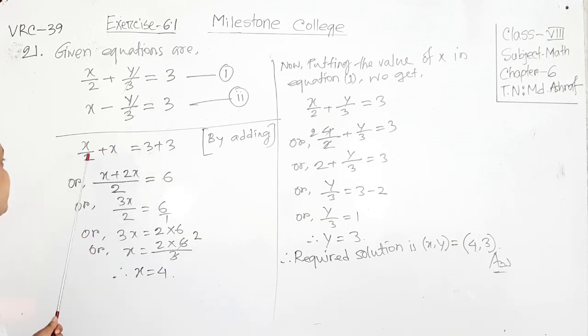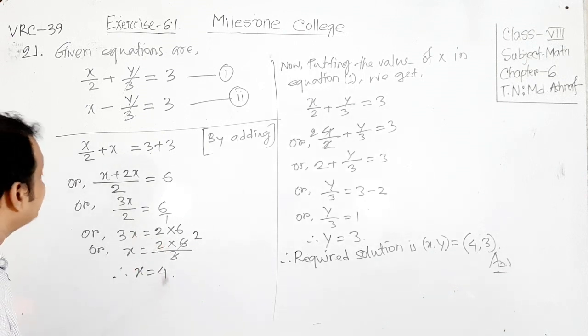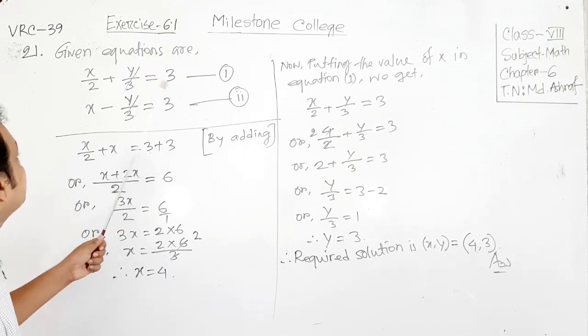Then the normal method for simplifying. Okay, so x by 2 plus x, by adding this one we have got 3x by 2 equals to 6. By cross multiplication we have got this part, and when 3 changes its side then it will be divided. Finally we have got the value of x is 4, and then we will put the value of x in any of the two equations.